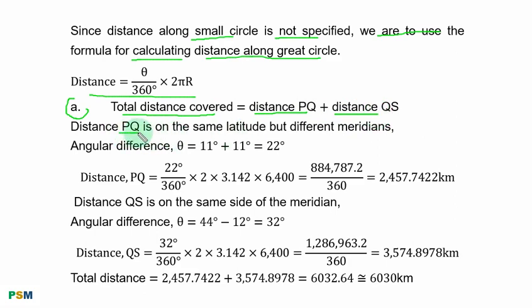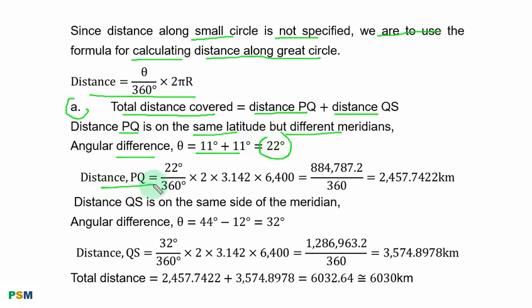Distance PQ is on the same latitude but different meridians. So angular difference theta is 11 degrees plus 11 degrees. Different sides of the meridian, you have 22 degrees.